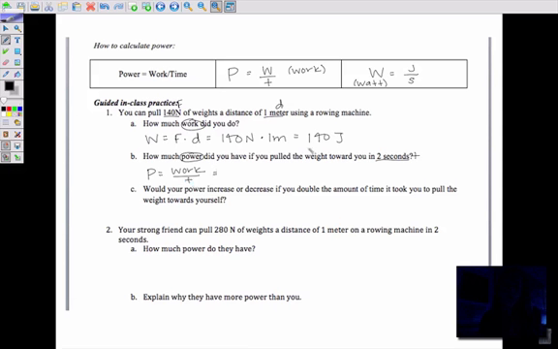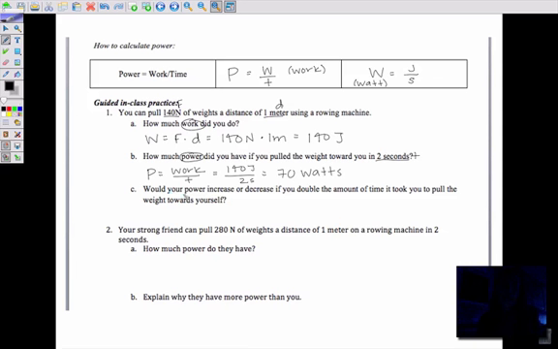So we did 140 joules of work, and we did it in 2 seconds, which means we did 70, so that's 140 divided by 2 watts of power. You may not have noticed, but what I did was I wrote out the word work and I wrote out the word watts. That usually helps students in terms of differentiating between the two W's and ensuring that they tell the teacher that they understand what's going on.